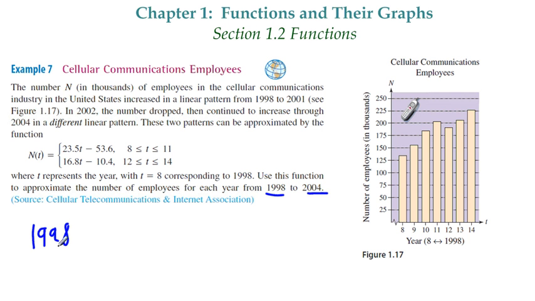So watch this. That means that our t is equal to 8, because they tell us that t corresponds with the year, where t equals 8 corresponds with 98. So where t is 8, that means we're going to use the formula right here. If I want to know what happens at 1998, or at t is 8, I would do 23.5 times 8 minus 53.6.